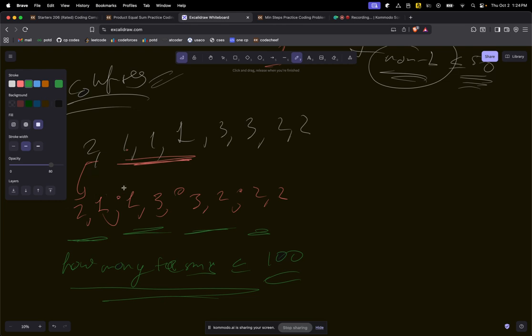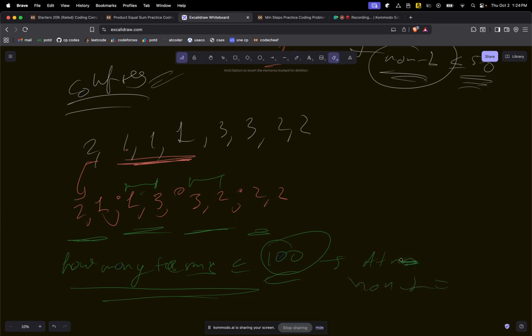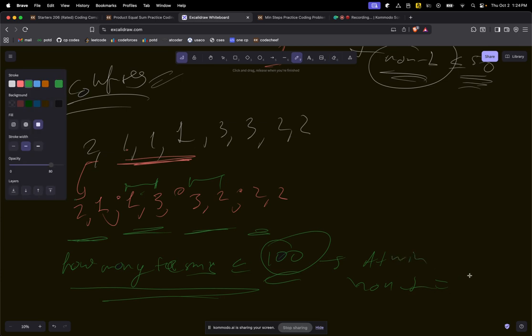Why? Because see, one term would have one, so the next term cannot have one. So this doesn't have ones as consecutive elements, right? So if you have, let's say, maximum terms as 100, at minimum, non-ones have to be 50.